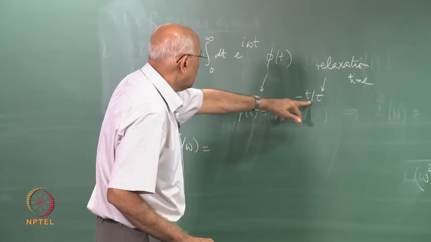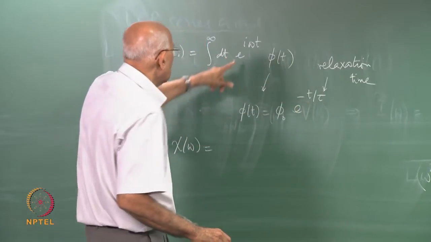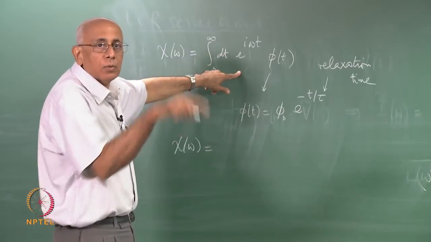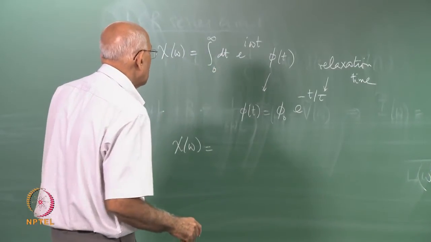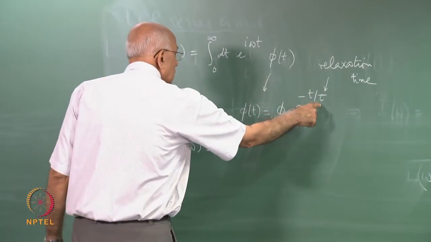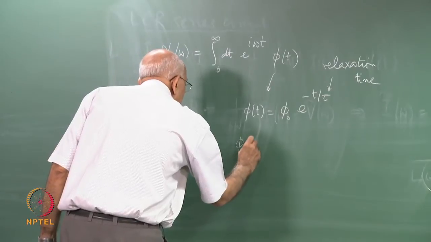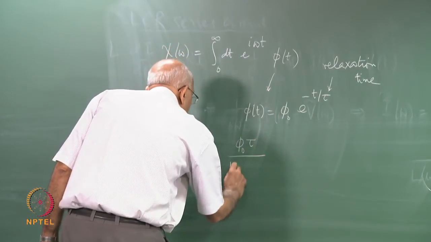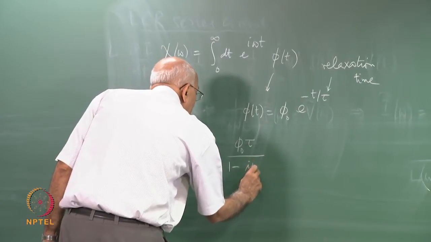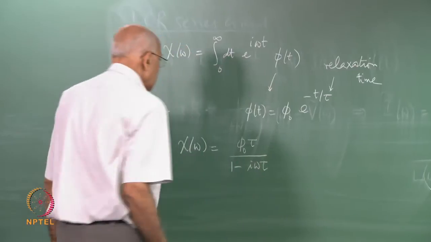minus t over tau and I do this integral, e to the minus a t integrates to just 1 over a for positive a, or if the real part of a is positive, which it is in this case because tau is positive, and you get phi naught divided by 1 over tau minus i omega, so there is a tau over 1 minus i omega tau.